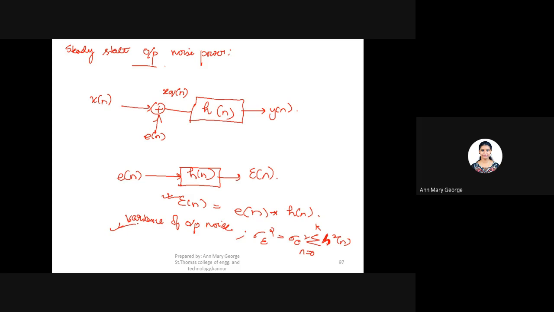Next, we will move on to steady state variance.